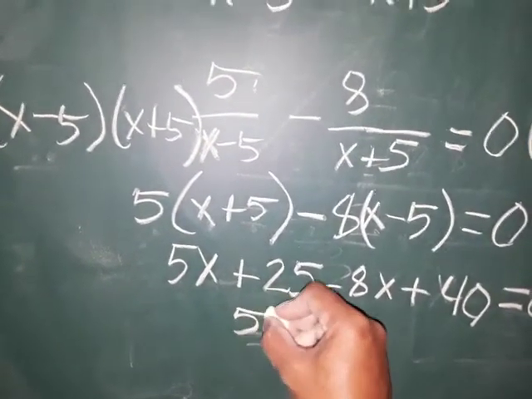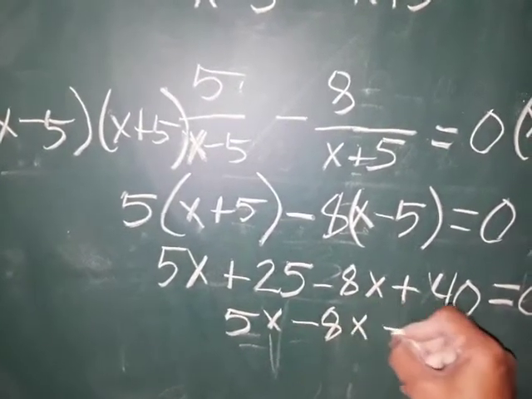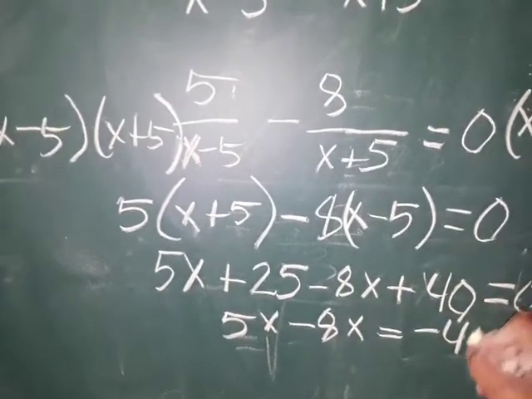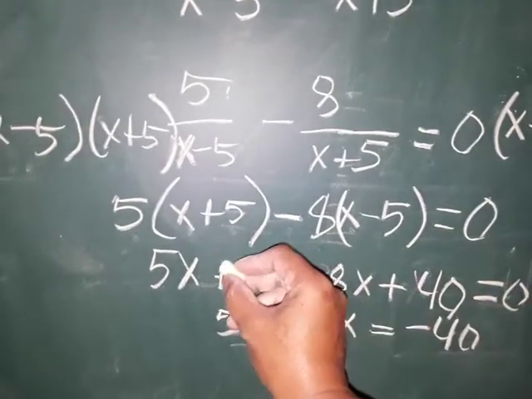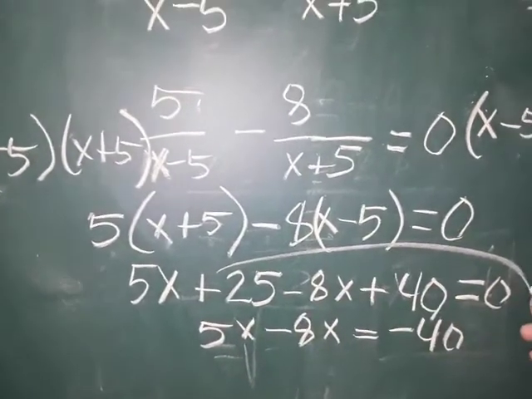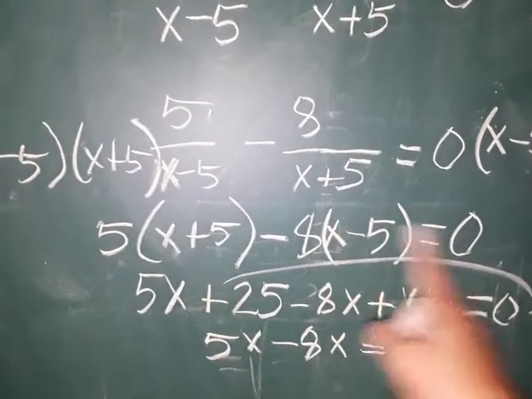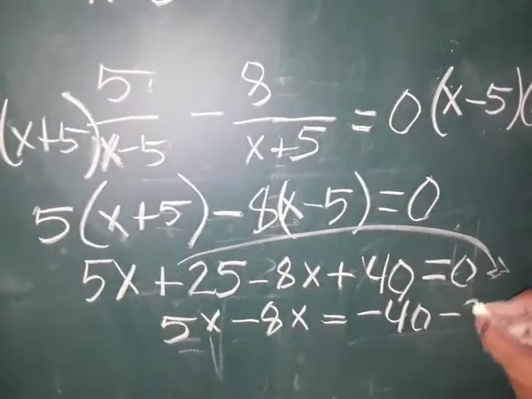So, 5x minus 8x is equal to transpose 40, magiging negative 40. Transpose positive 25 over equal sign. Okay, ulitin ko, pag over equal sign, just change the sign. Positive becomes negative. Minus 25.